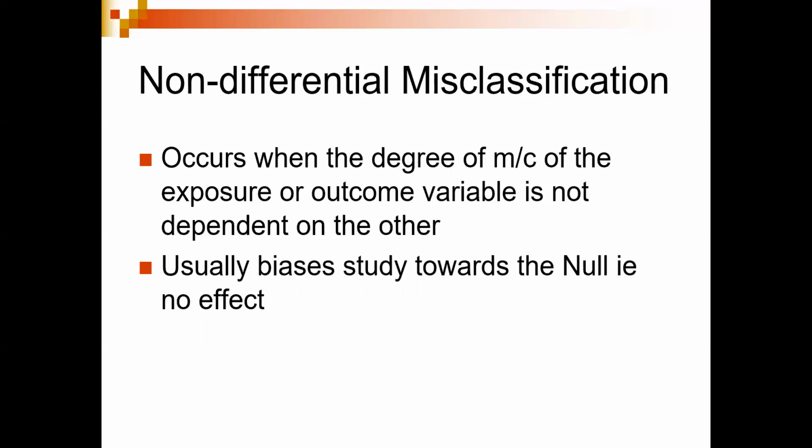But your exposure or your outcome is not influencing the way you are misplacing things or putting them in the wrong category. In differential, your outcome or exposure is influencing the error, but in non-differential, the exposure or outcome is not dependent on the other, so they are not really influencing each other.